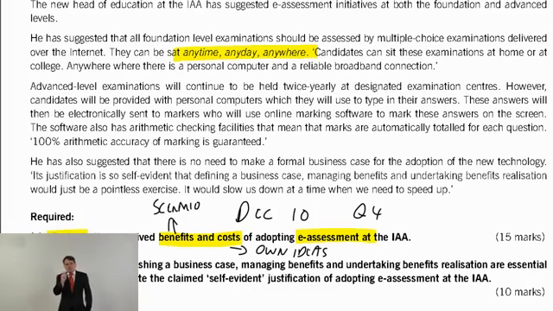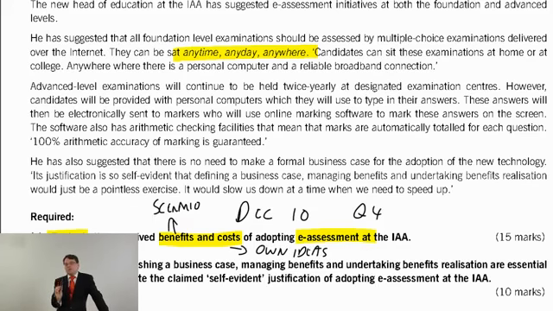So the idea is that you apply your knowledge to the scenario and you come up with the benefits. You apply your common sense, come up with your own ideas, you come up with the costs. But you notice, and the reason I wanted to look at this question at the very end, you notice what it does not say. It does not say in part A, explain what e-assessment is.